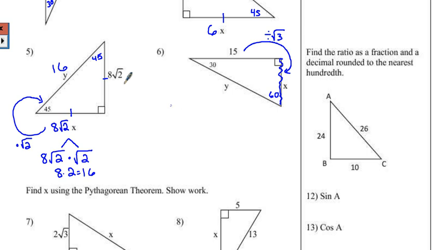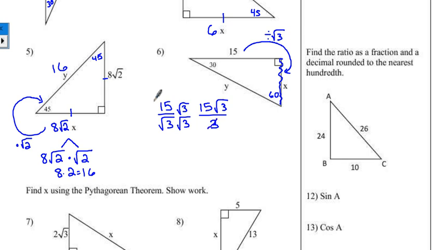So again, if you come down here and go ahead and try to divide that 15 over the square root of 3, we have to get rid of this radical that's on the bottom, so we multiply by the exact same thing that's on the bottom, on top and bottom, because really that's like multiplying by 1. When we do that, we're going to multiply that and get 15 square root of 3 all over 3. Now you do need to simplify this if you can.